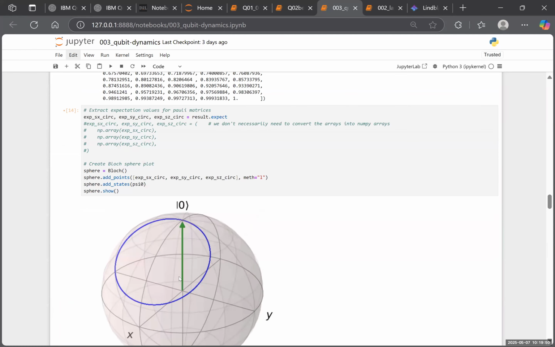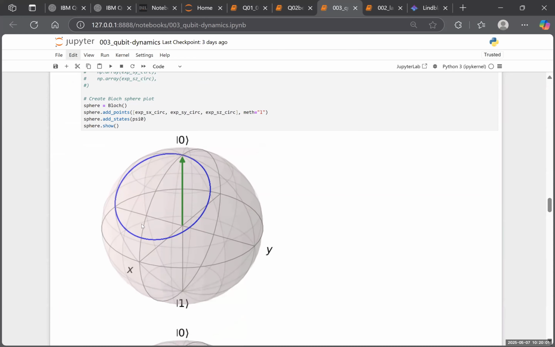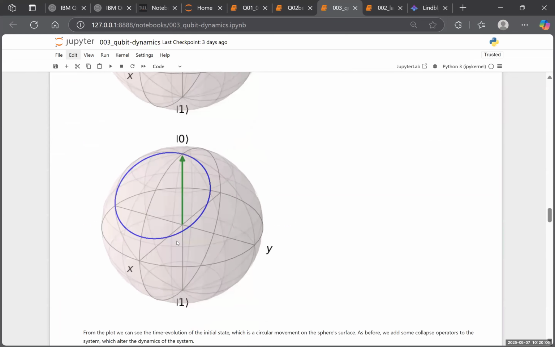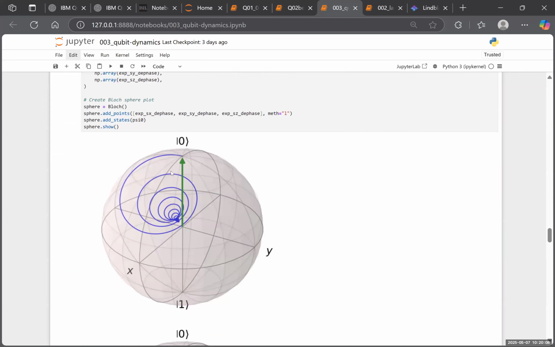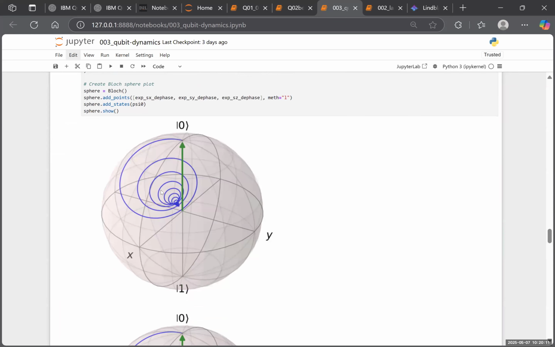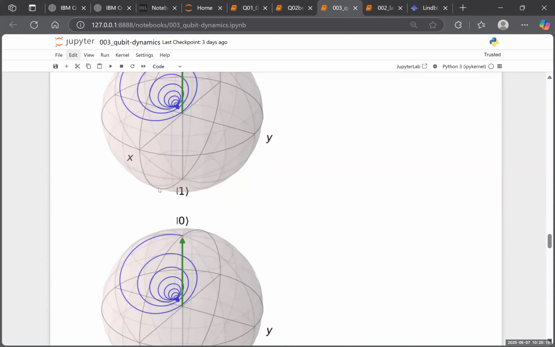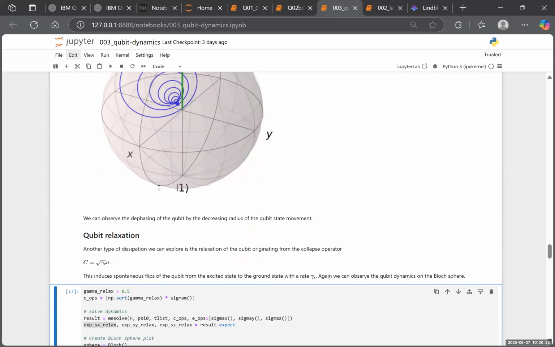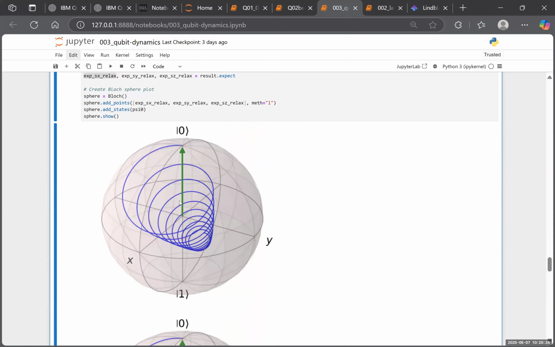This is the direction of the field and the center of this circle. So you're moving like that. So you see x is changing, y is changing, z is changing, right? And for the dephasing, the change is similar, but it's shrinking and getting smaller and smaller. But this relaxation somehow is going down.